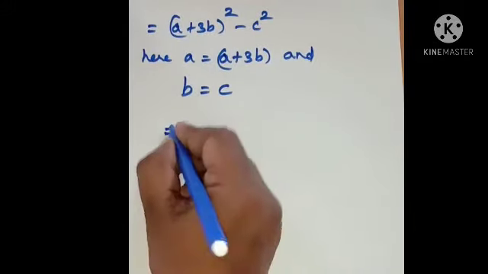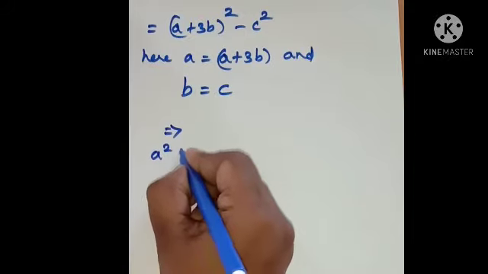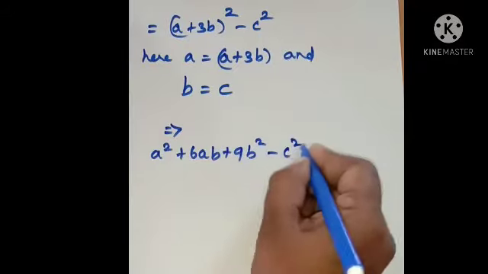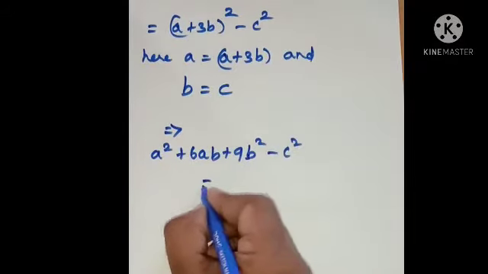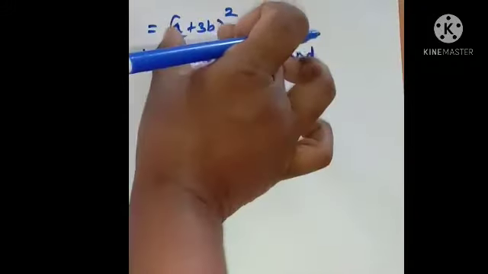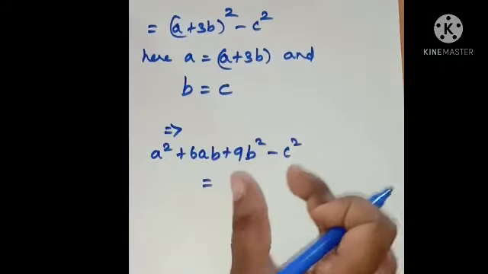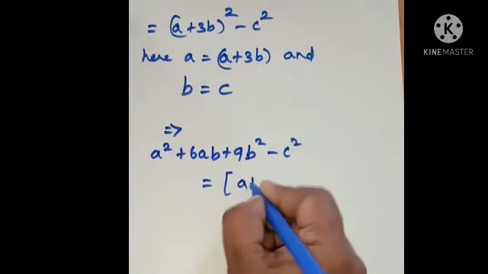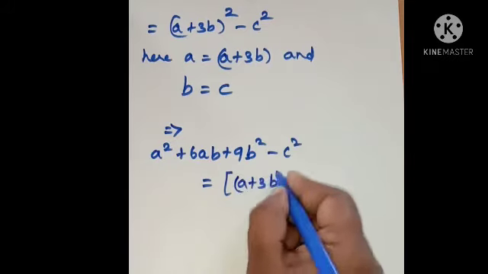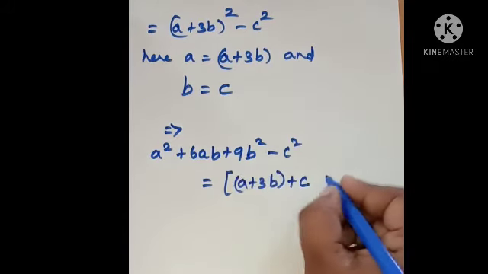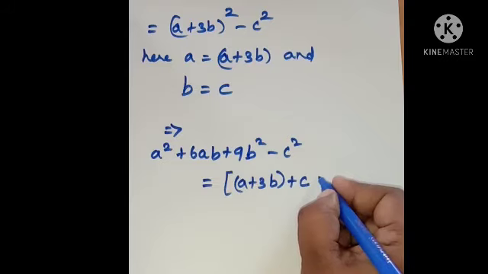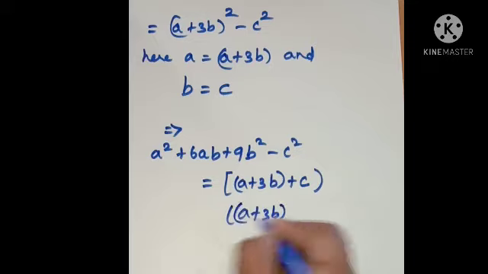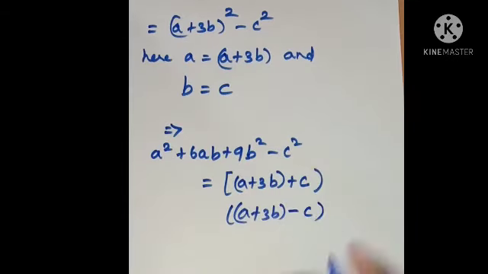Therefore in the left hand side, a square plus 6ab plus 9b square minus c square, it is a given expression which equal to a square minus b square can be written as a plus b into a minus b. So a is a plus 3b, a plus b into a minus b.